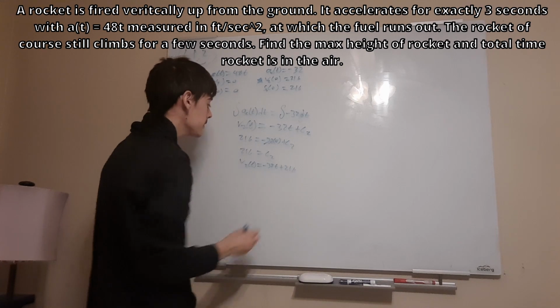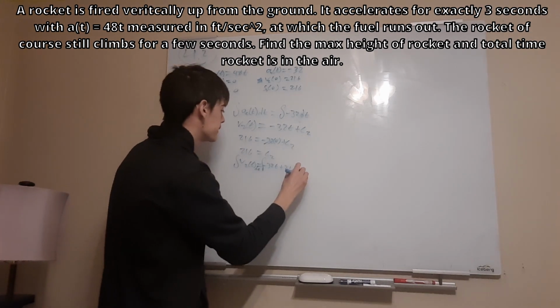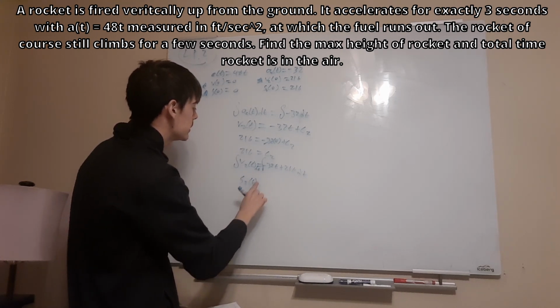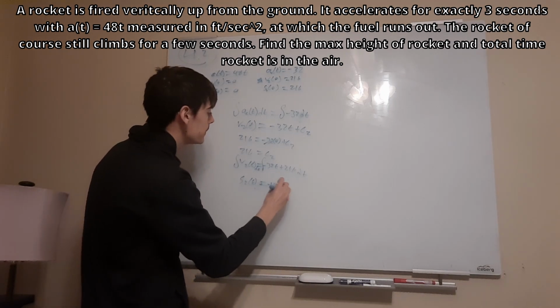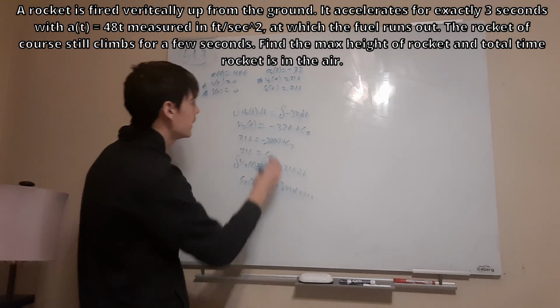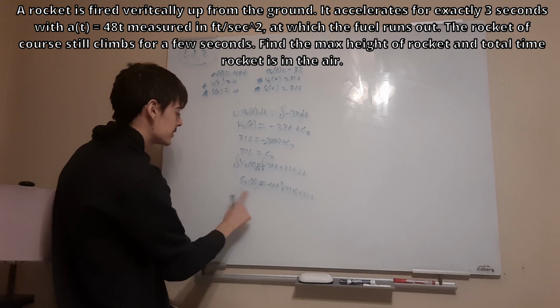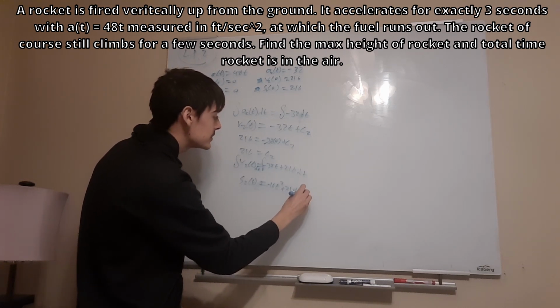216. Continuing from here, we integrate both sides again, and that will give us s2 of t equals negative 16t squared plus 216t plus... actually, I went ahead of myself. This is not 216, this is plus c3.